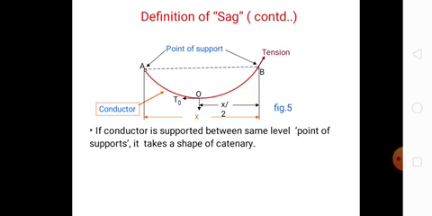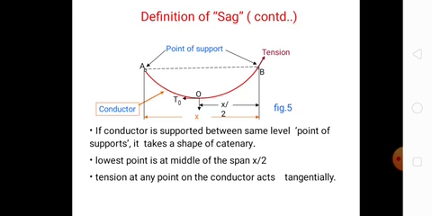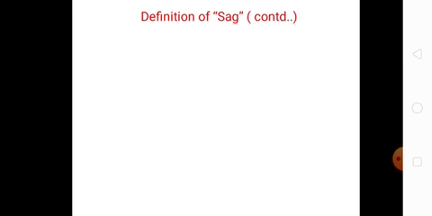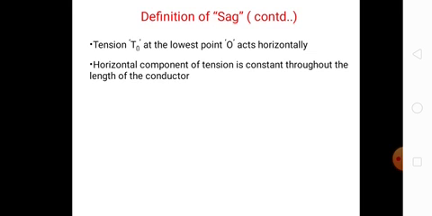If the conductor is supported between the same level points of supports, it takes the shape of a catenary. The lowest point is at the middle of the span, that is x by 2. Tension at any point on the conductor acts tangentially. Here the total length is x, and W is the weight of the conductor per meter length, in kg per meter.